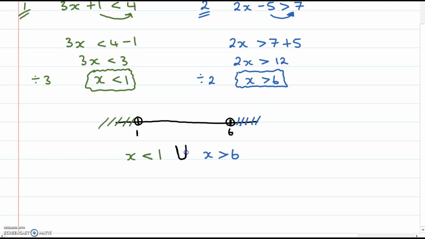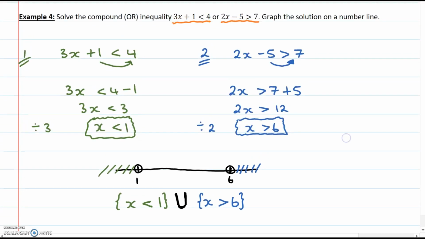This is the union symbol, and it's a symbol from sets. You may have done something on sets before, and this is the symbol for it. To make them stand out a little more, we're going to put curly brackets around each of these. Don't worry if you're not great at drawing curly brackets, you will get better. It just takes a lot of practice. So there's our final answer.